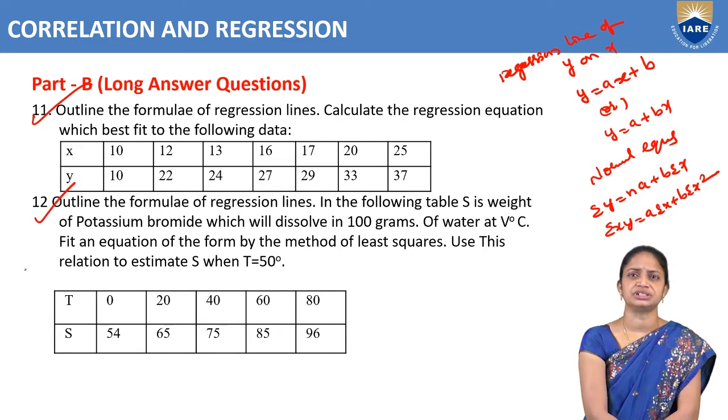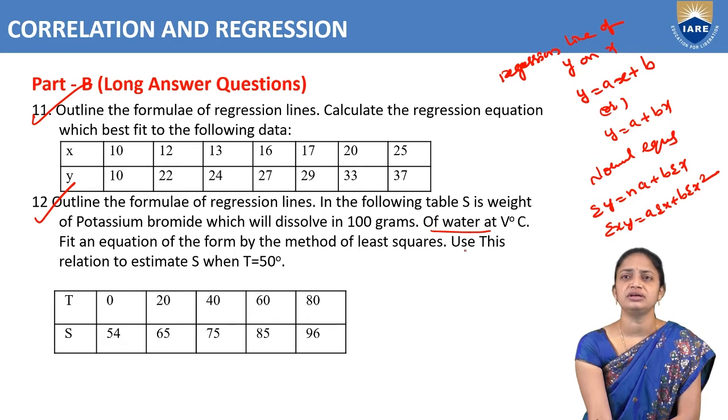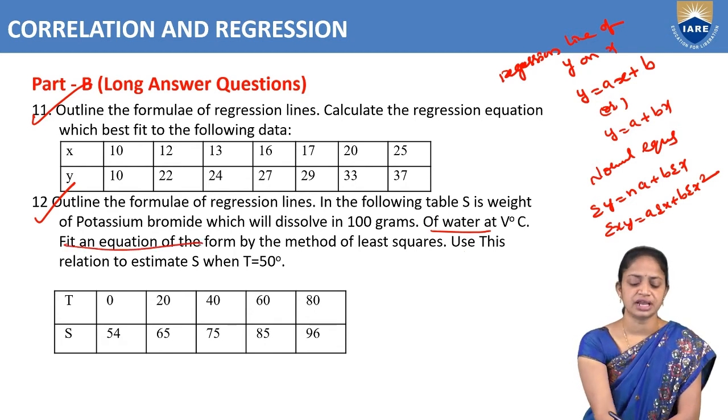Coming to the next question, outline the formula for regression lines in the following table. S is the weight of potassium bromide which will dissolve in 100 grams of water at t degrees centigrade. Fit an equation of the form by the method of least squares.